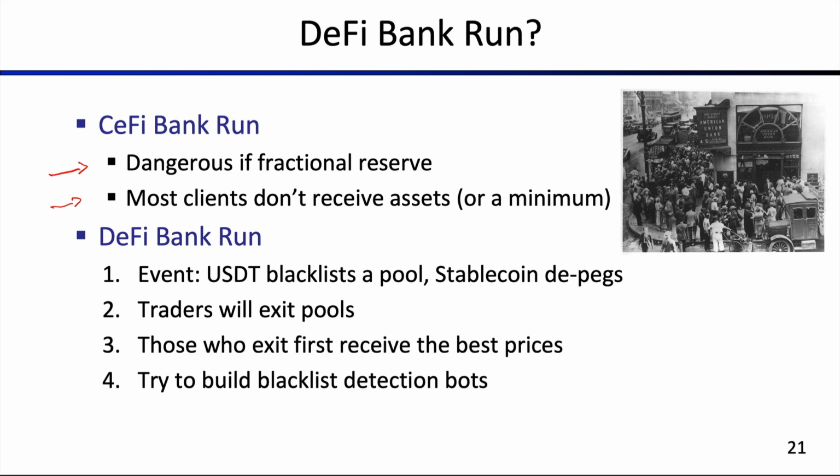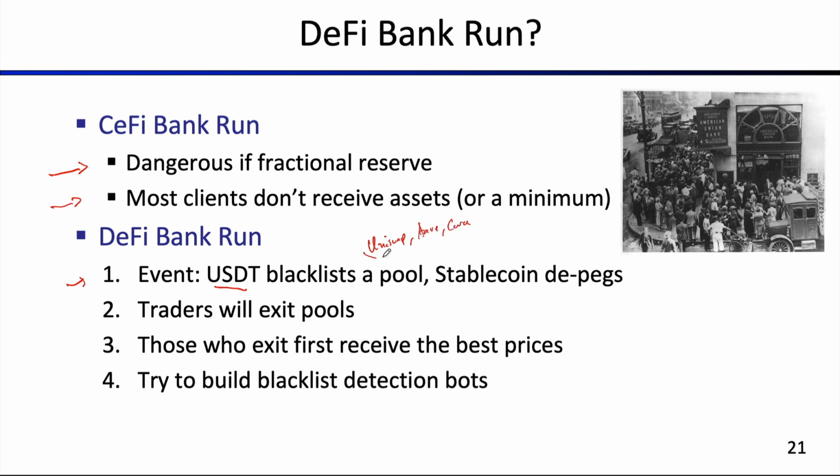In a DeFi bank run, so in decentralized finance, if there's an event such as a USDT blacklisted pool, this can be, for example, a Uniswap pool, an Aave pool or a Curve pool, right?